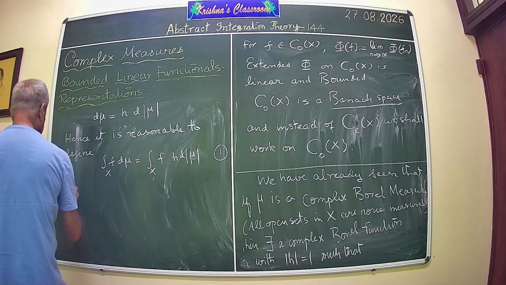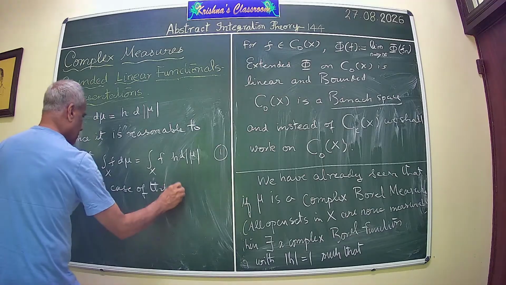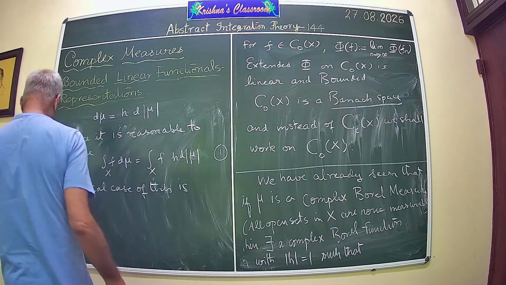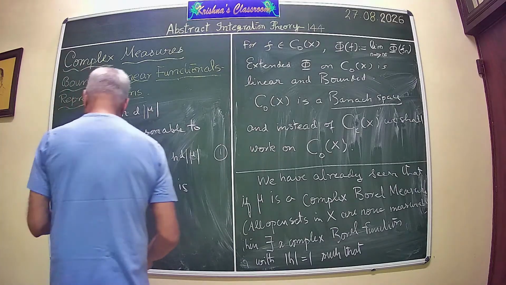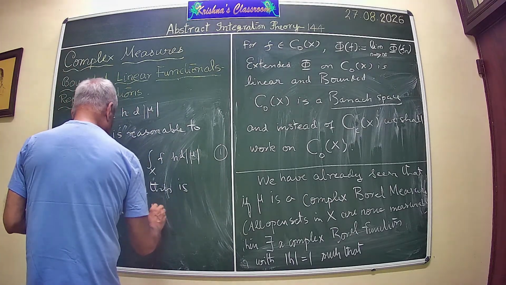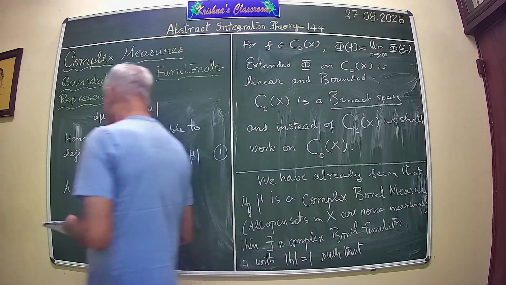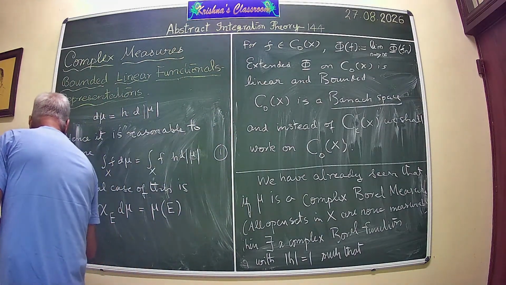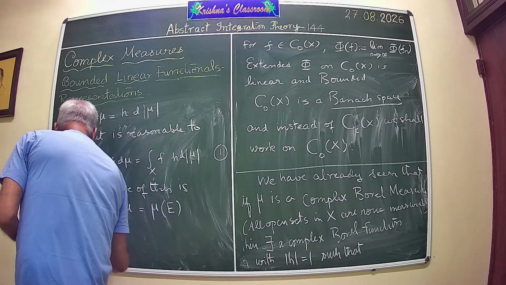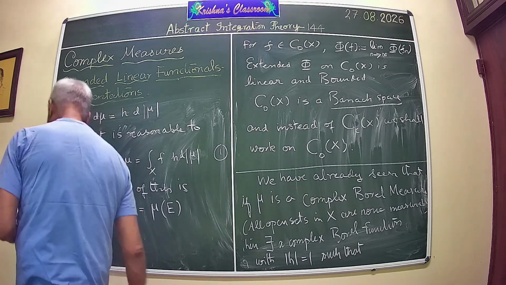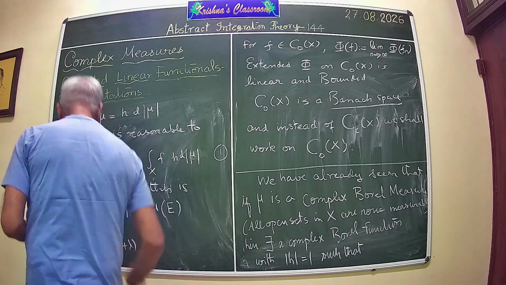Now a special case is the characteristic function of a set E, giving the measure of E. And further you can show that the following is true: the integral over X of chi E, for two measures mu and lambda, mu plus lambda is a measure.